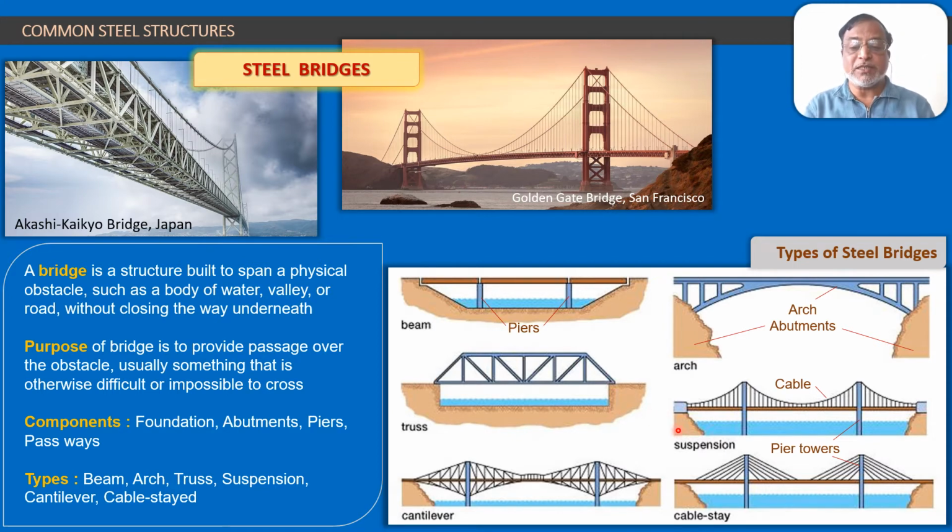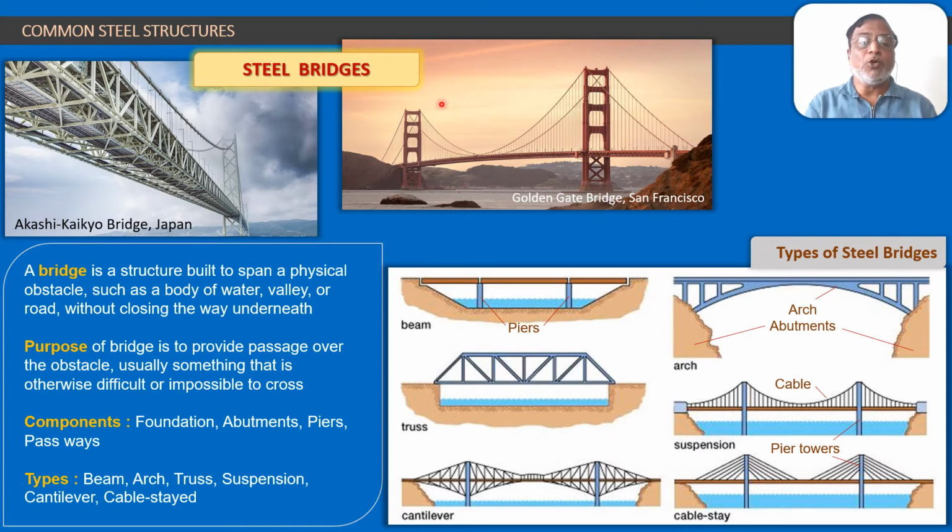The fourth is the suspension bridge. You can see the Golden Gate Bridge shown here as the example of a suspension bridge. Instead of piers, you are having pier towers. There are two abutments obviously at the ends. In between you are having tower-like piers.